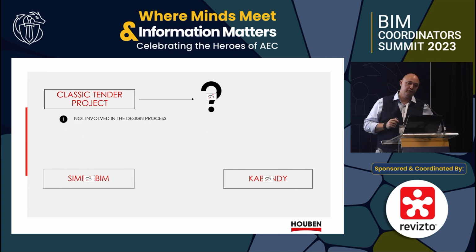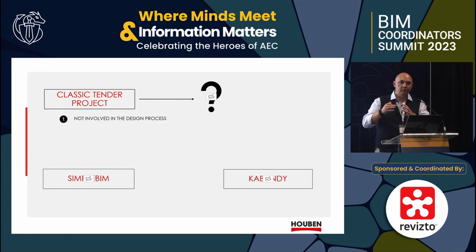So this being said, let us go back to our first key task, which is: when you are not involved in the design process, how do you get the information then? To understand this, I want to explain something.